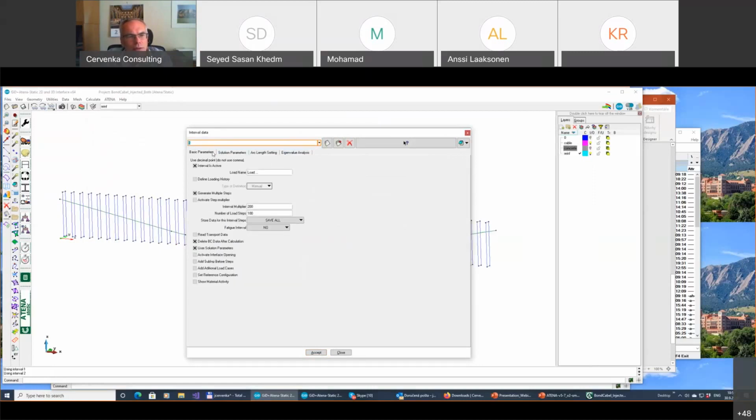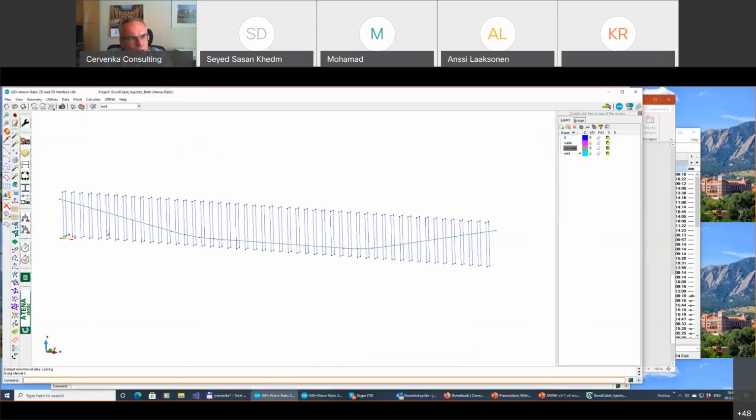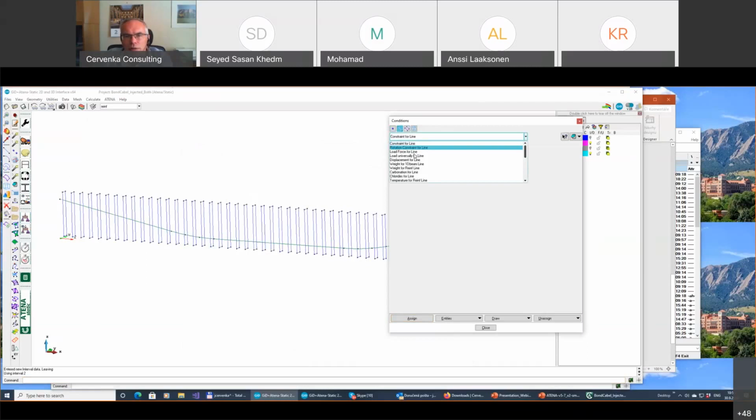So at this stage, we need to switch the reinforcement property. And this is done by a special condition here, which is applied to the tendon, where you can see here, it's a special condition on the tendon, which is applied in the second interval.